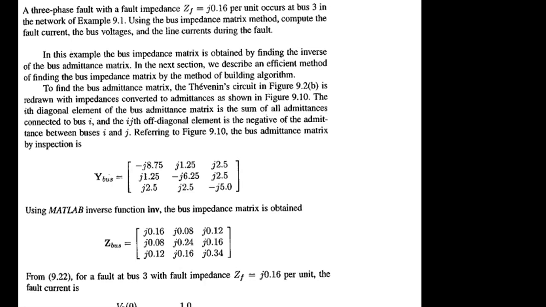Sabrina already mentioned that if it is given, you can use that, but sometimes it may not be given. So you may have two possibilities in terms of Z bus, whether it is given or you have to generate it yourself. If you have to generate it yourself, you can generate it by the Z bus building algorithm concept, or you can generate it by Thevenin equivalent circuit, right? You have two possible methods to address that fault calculation issue.